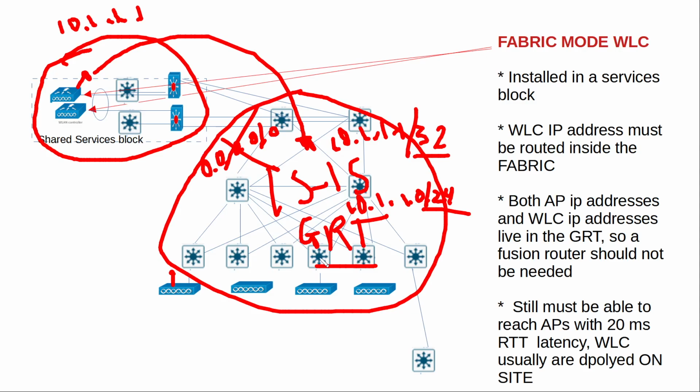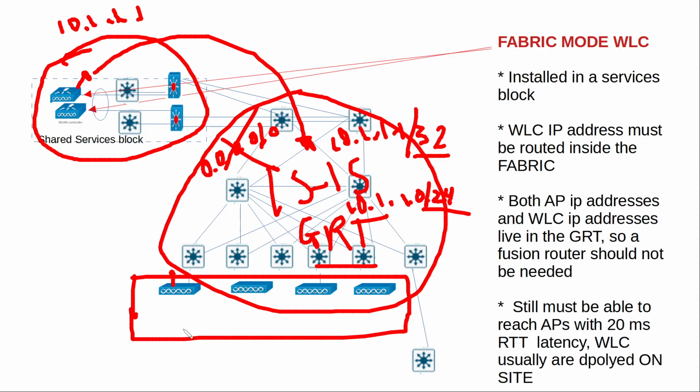In the same manner, remember that for your fabric, all your access points actually live in the same subnet. For instance, we could say that this access point lives in the network 10.10.10.0/24, and this is given the last octet of 1, and this is number 2, and this is number 3, and so on.